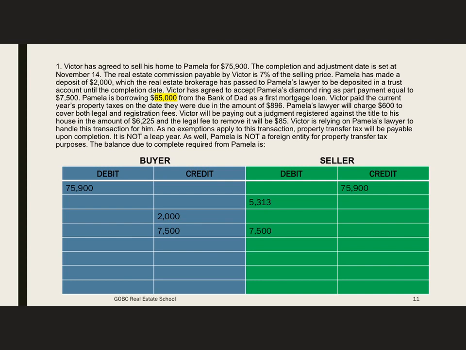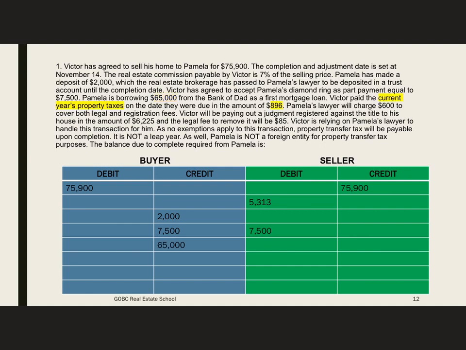The next thing we're going to deal with is the $65,000 that Pamela is going to borrow from the Bank of Dad. So she's getting a loan from her father, and we need to put that on her statement. For this one, it has nothing to do with the seller, because the seller isn't actually providing that money, so the $65,000 won't show up on the seller's statement at all.